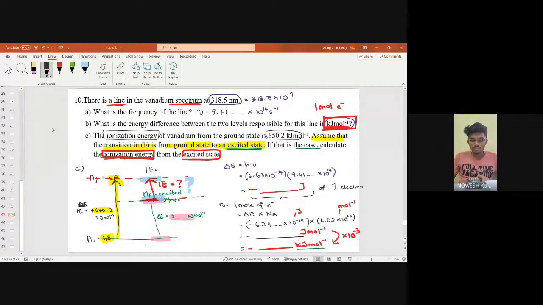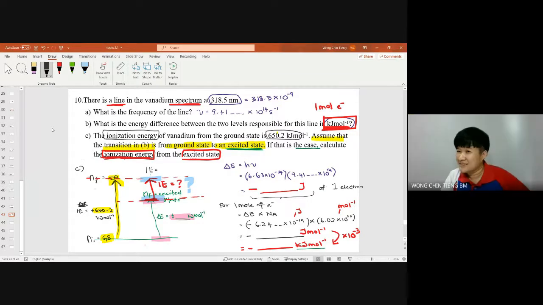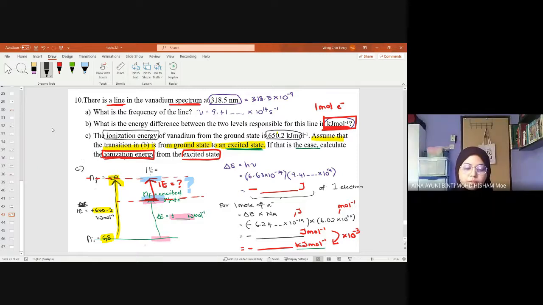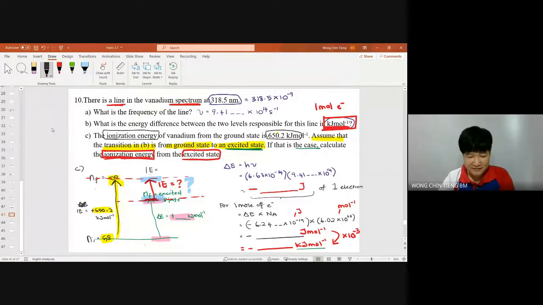1026.142. Novash? 1026.142 kilojoule per mole. Any more? 274.25702. 274, okay. 274 is not the answer that I want.